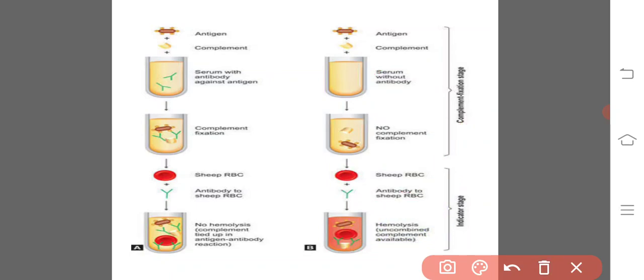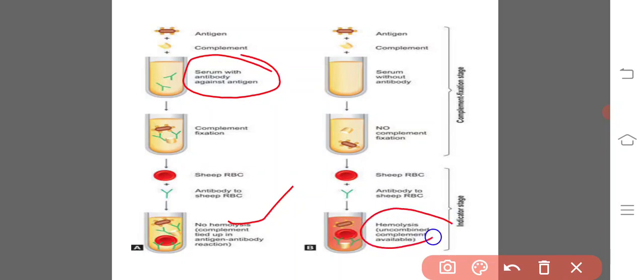So no hemolysis indicates the presence of antibody in the patient's serum for a particular antigen, and hemolysis indicates the absence of the antibody in the patient's serum against a particular antigen.